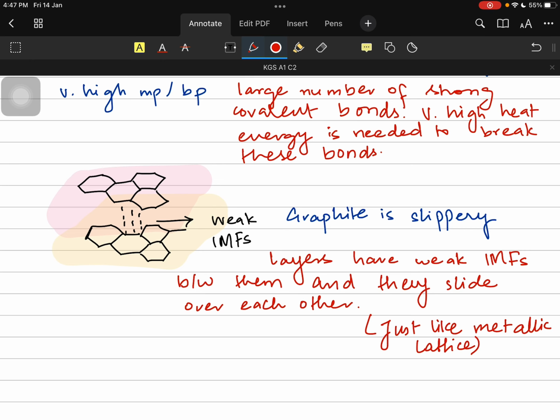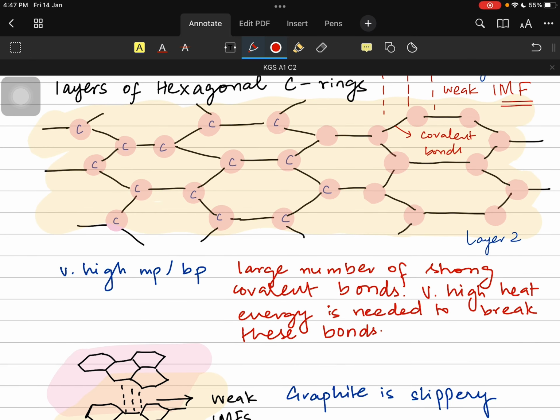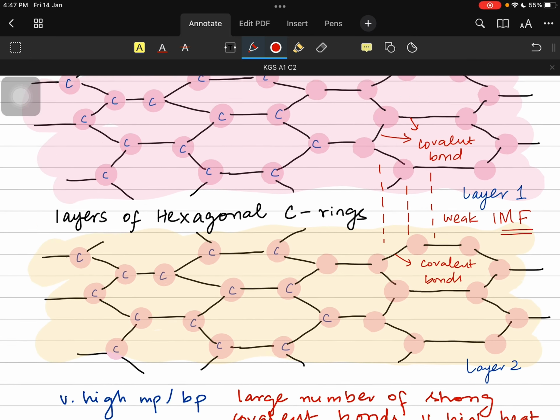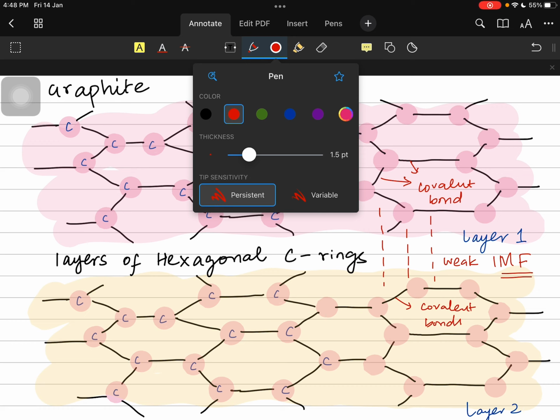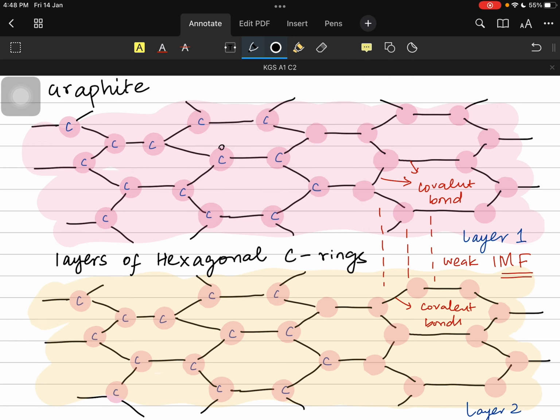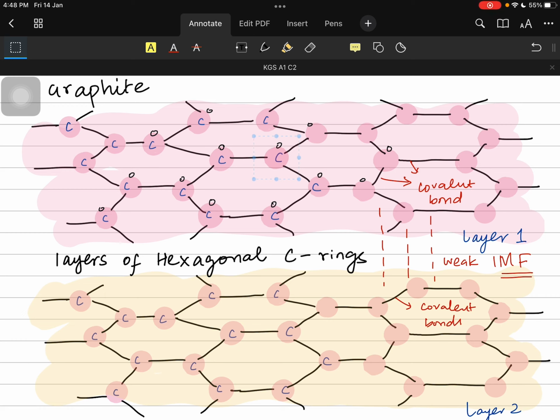Now the third thing is that each carbon atom has made only 3 covalent bonds, and that means each carbon atom has one mobile electron over here. Each carbon atom has a mobile electron, and these electrons can be used to conduct electricity.